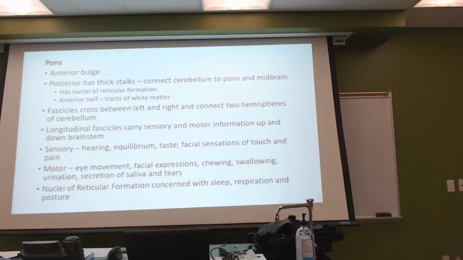Okay? So we find that it also has nuclei of that particular formation, but we also find that we have tracts of the white matter because it's giving me some connection to another area of the brain. And we do that by tracts, axons.